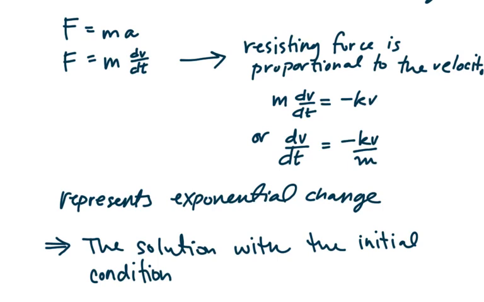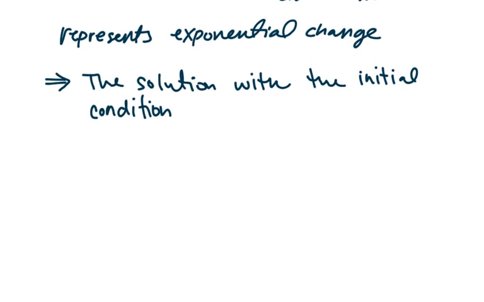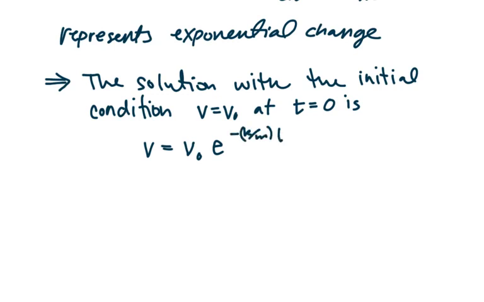So using this separable differential equation, which represents exponential change, the solution with an initial condition, which we can set as v equals v sub 0 at t equals 0, is given by v equals v sub 0 e to the negative k over m t. And this was talked about in a previous section in our book, section 7.4.